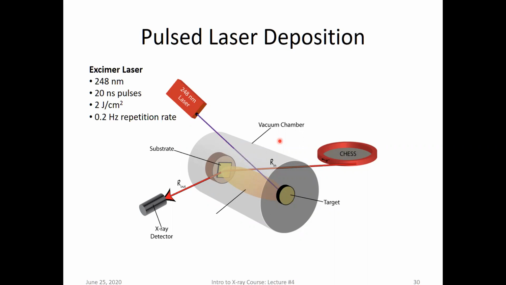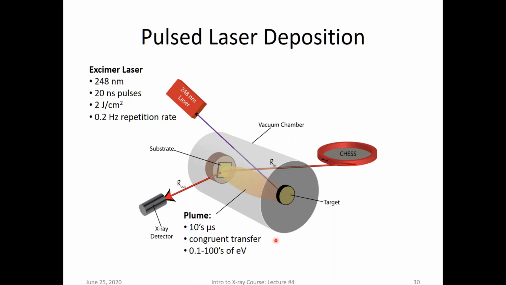A couple of details on the Excimer laser: the important thing is that we get about one pulse every 5 seconds. So you click, you wait a little, click, another, and so on. The plume lasts for several tens of microseconds, and it keeps the stoichiometric transfer. So whatever I had here, the stoichiometry lands here.